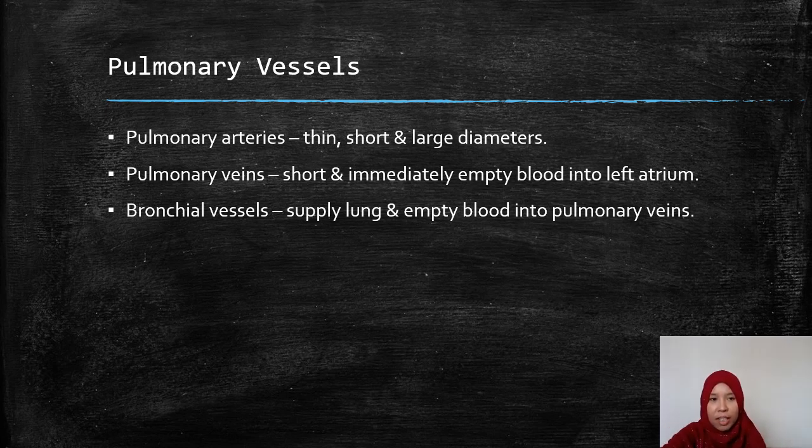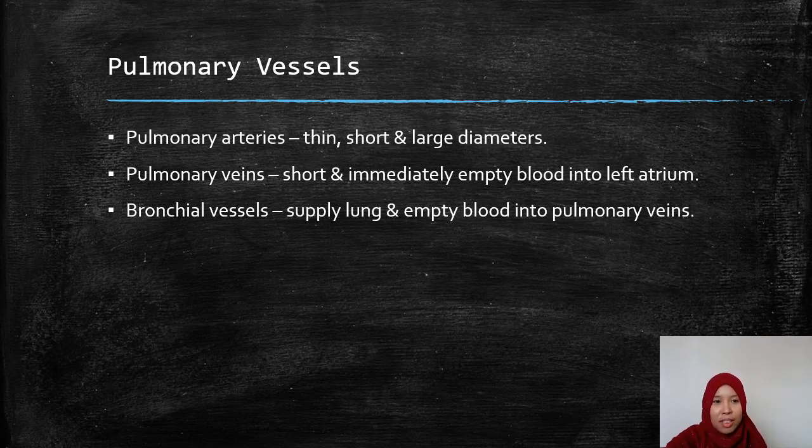If you look at the terms arteries and veins, you generally learn that in your heart, the blood vessels that come out from your heart are called arteries, and the blood vessels that come to your heart are called veins. So it's the other way around for your lung.